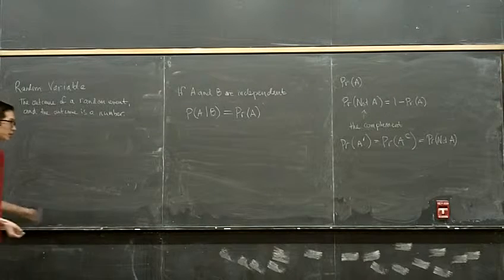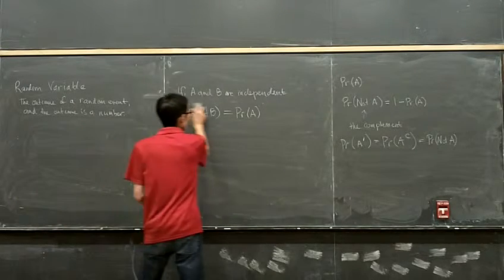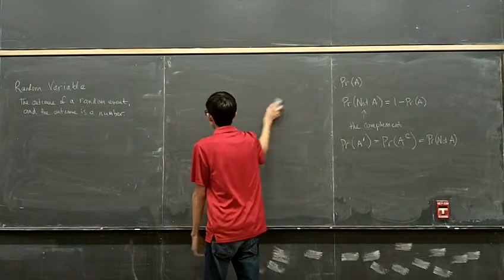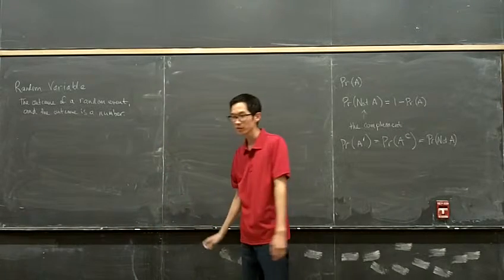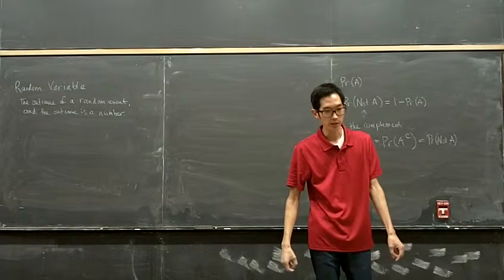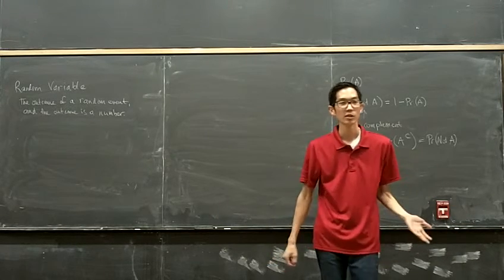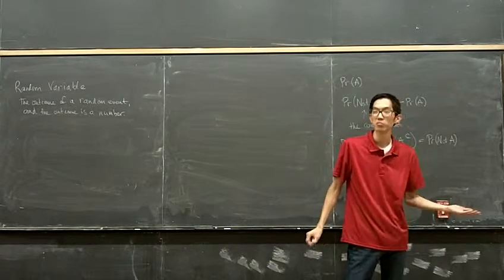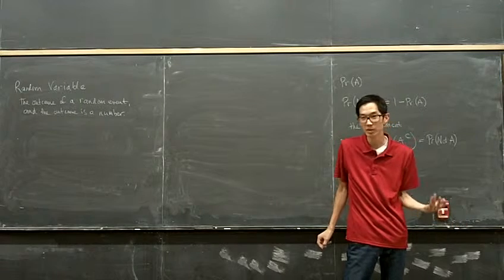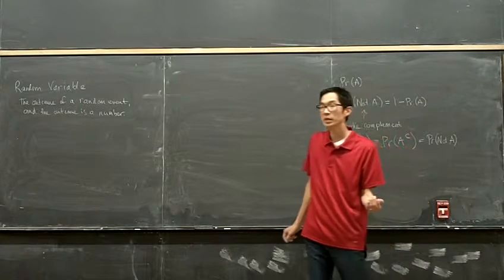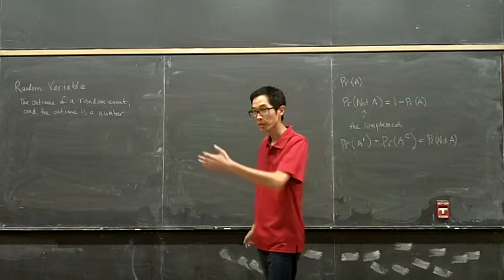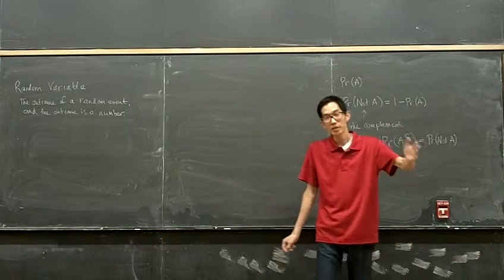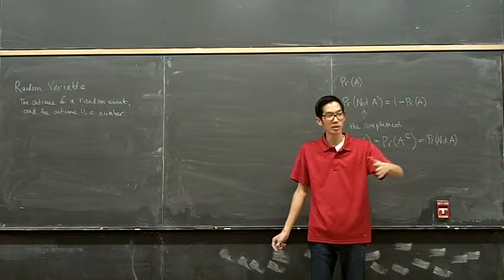Certain things lend themselves to random variables naturally, like we roll a die, what number shows up, it's going to be a numeric outcome. It could also be, let's say I assign each of you a student ID.